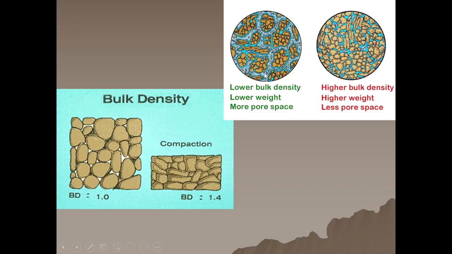Lower bulk density, higher bulk density. Lower means about 1, 1.2, higher means 1.6, 1.7, and medium or the normal bulk density is 1.33 gram per cubic centimeter.